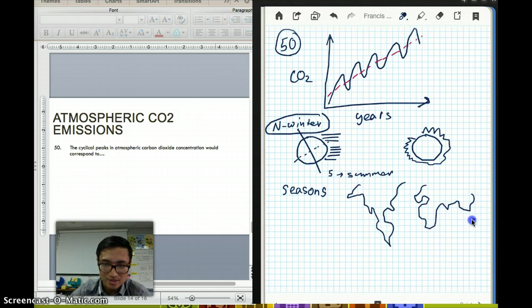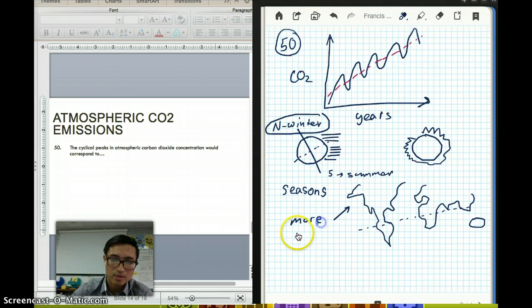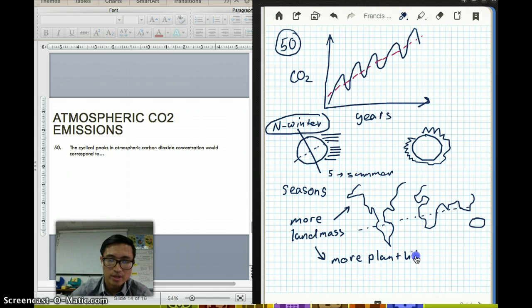But this is something that looks like the world, in which the equator is kind of running through here, right? So the northern hemisphere has a lot more landmass. Since it has more landmass, that means it also has more plant life. And if it has more plant life, that means it's the hemisphere that's doing most of the photosynthesis.